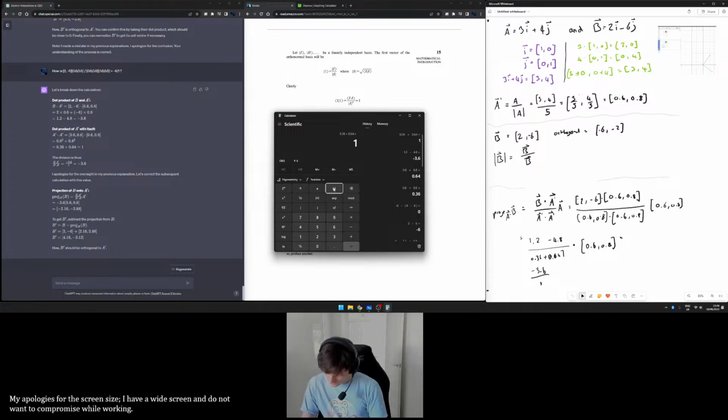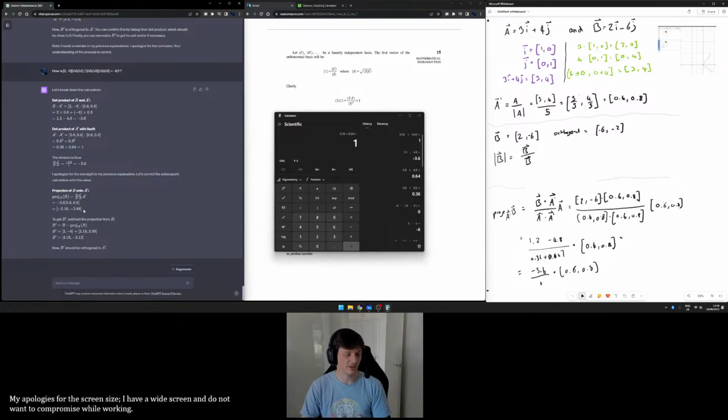So it's equal to that, negative 3.6, and then you multiply by 0.6, 0.8. So 3.6 divided by 1 is going to be negative 3.6, and possibly that. Okay, fine, yeah.